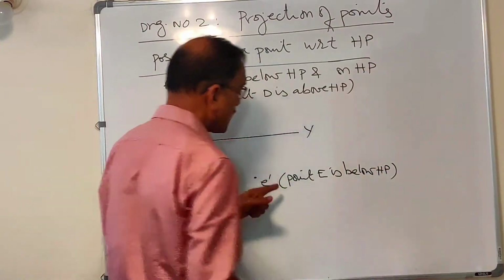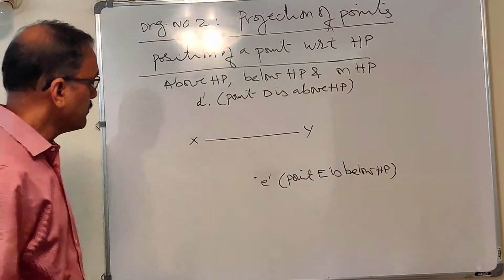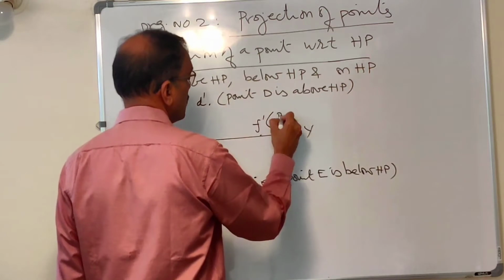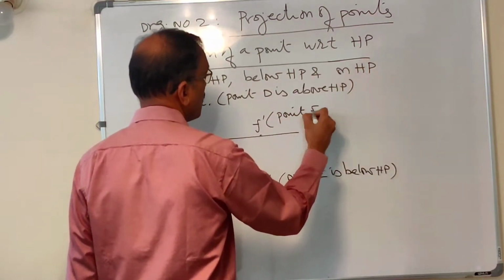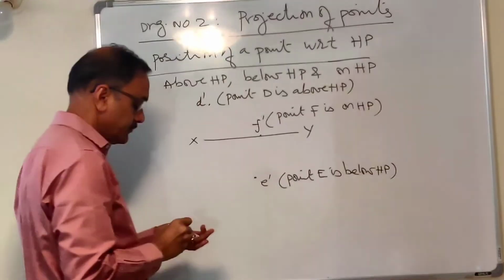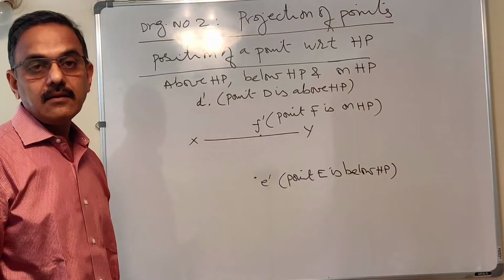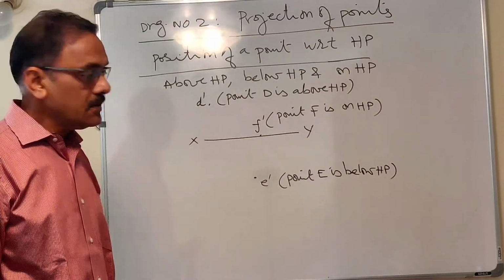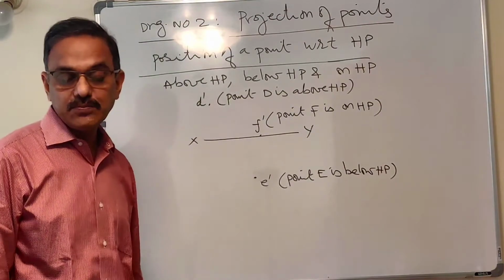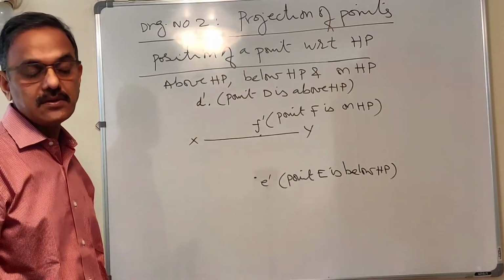What I am writing in brackets is in a 3D scenario. Similarly, if you put a point here and write F dash, I can write point F is on HP. So this is how you represent the distances of a point from HP. The options are above HP, below HP, and on HP.